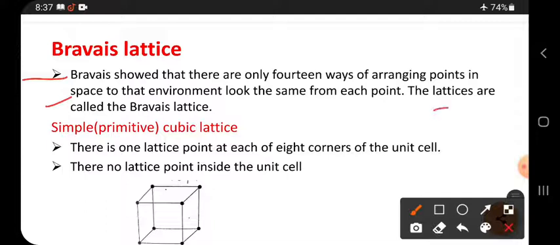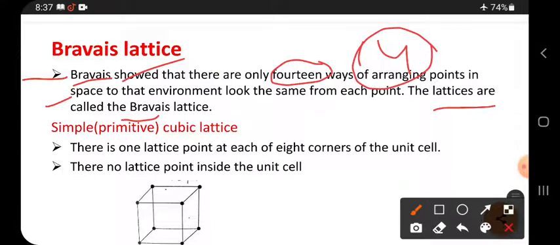These lattices are called Bravais lattices. So lattice points can be arranged in 14 ways in space so that the environment looks the same.